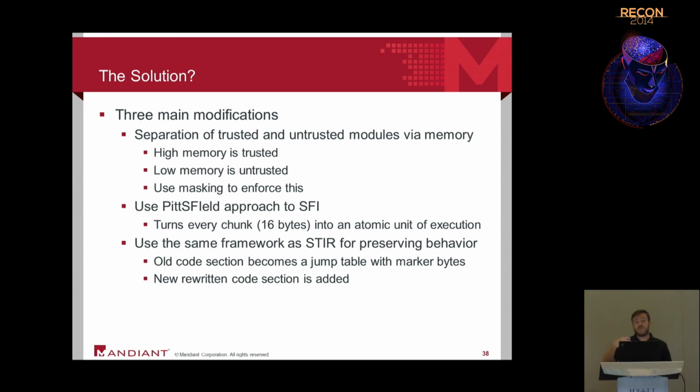They call them chunks. If you start executing a chunk, you have to execute it all the way through to the end. And I'll show exactly how we do that in just a second. And then we use the same framework that we did for Stir in order to maintain behavior. So the rewriting happens the same way. We use that compare, cmove, and cmove instruction in order to maintain behavior of indirect jumps.